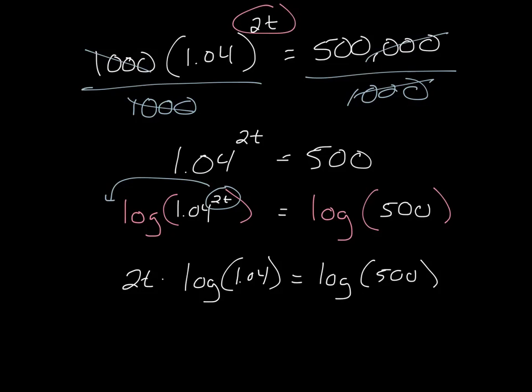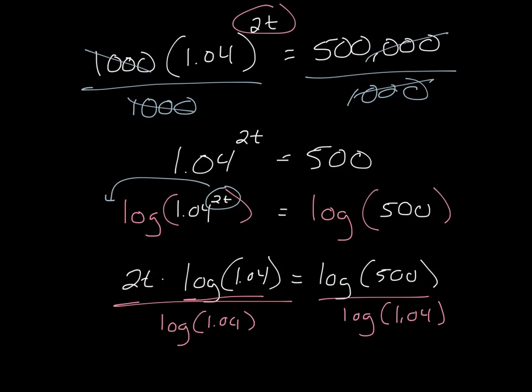It's really important at this point to understand the log of 1.04 and the log of 500 are just decimal numbers that we could plug into our calculator and figure out. I personally don't want to deal with ugly decimals at this point. I'm going to deal with it in a second. So the next move that I'm actually going to do is, because I'm trying to isolate the t here, my variable, I'm going to divide both sides by this number, whatever this number is, the log of 1.04, to both sides of my equation.